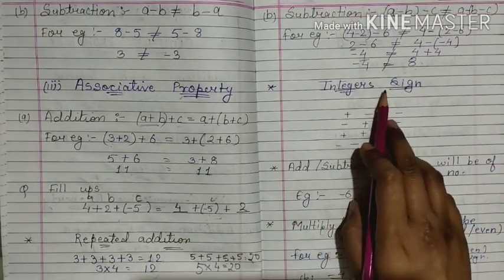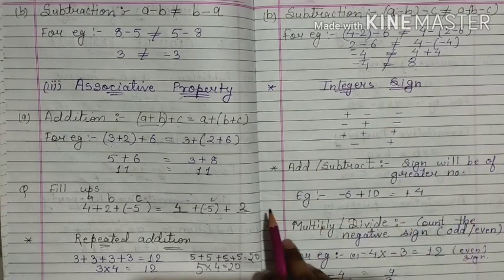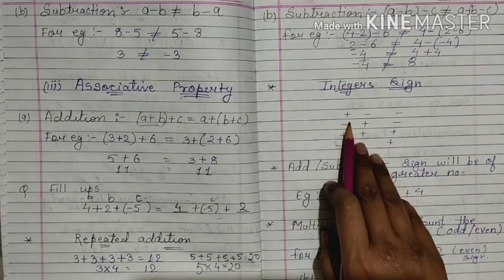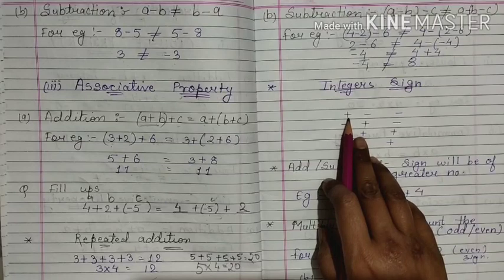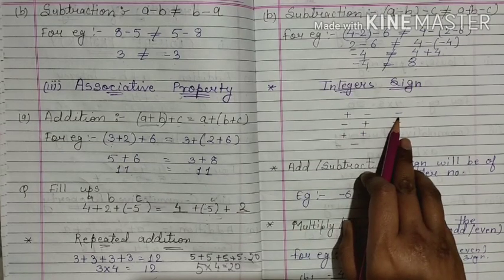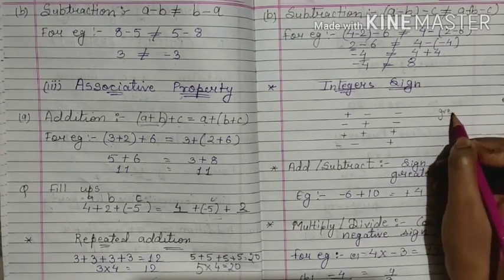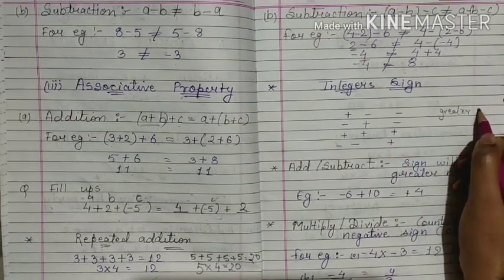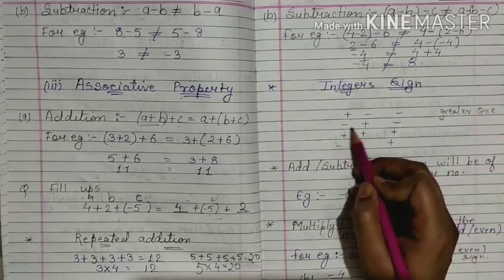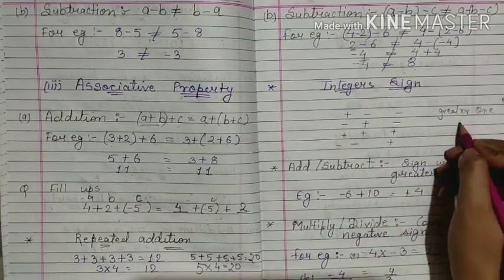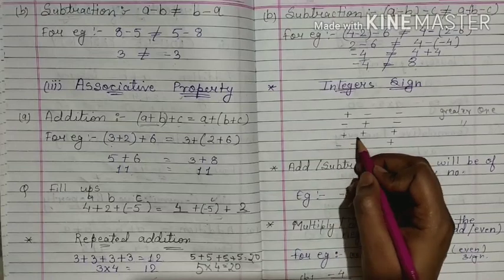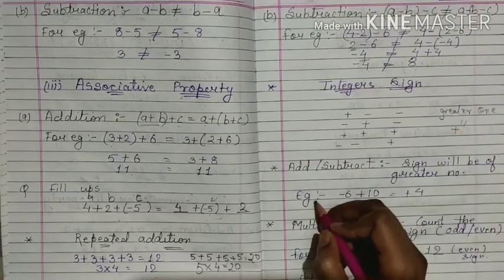Now comes integers sign. It is for multiplication and division. When we do plus minus, we do minus and the sign will be of the greater one. Minus plus minus, then the sign will be of the greater one. Plus plus, the sign will be plus.